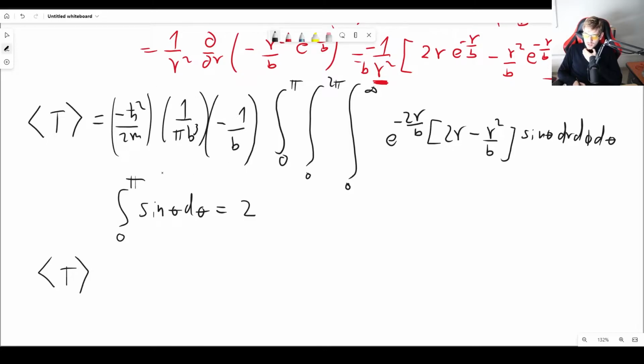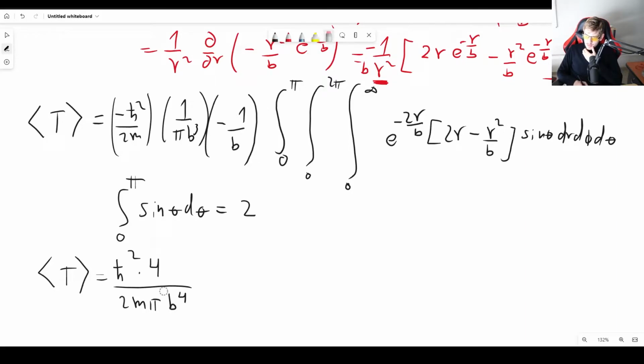And now the other constants, let's see, the minus signs cancel out, so we get h bar squared times 4 pi divided by 2m pi b to the 4th power. And the pi's cancel out. We can simplify this a little bit, times 2. Okay, and now the remaining integral.